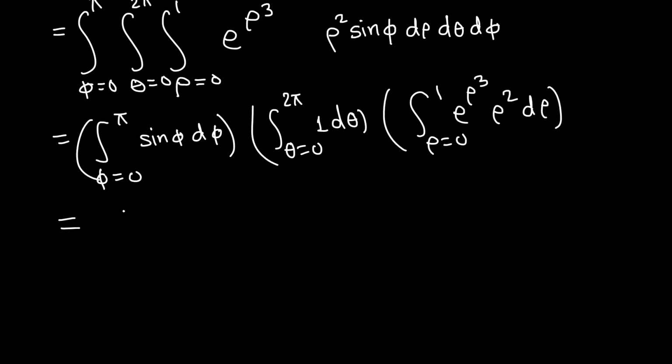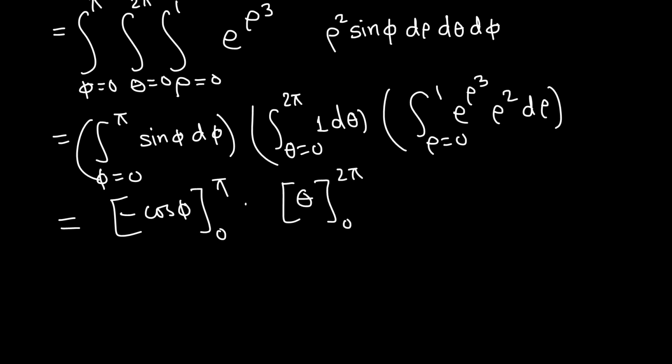The antiderivative of sine is negative cosine phi from 0 to pi, times the antiderivative of 1, which is theta from 0 to 2 pi. Here we got a product, so let's try to use u substitution. u equals rho cubed, and its derivative is 3 rho squared d rho in terms of differentials.